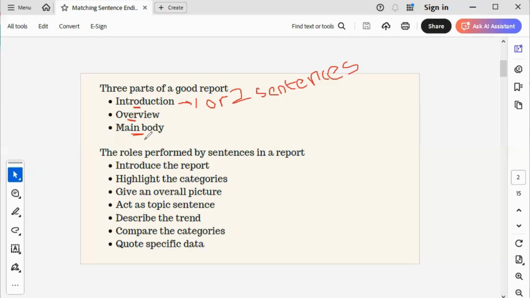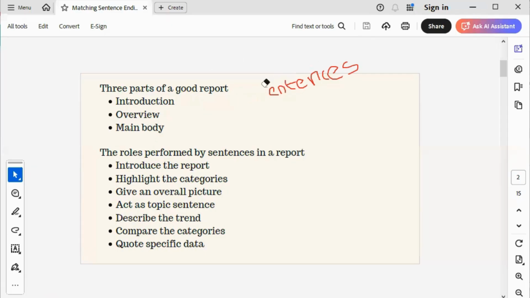If it's a process chart, you can write a main body that has just 1 paragraph. But if it's a map or line graph or bar chart or pie chart or table or combination chart, then you should do 2 or 3 paragraphs for the main body of your report.